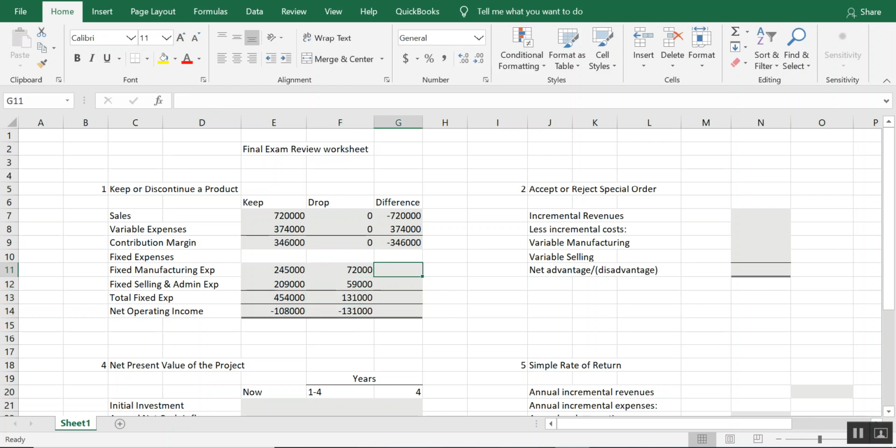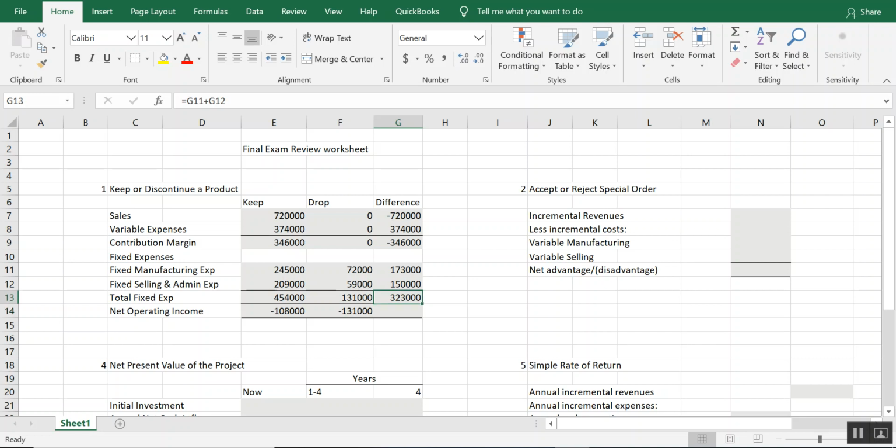Now, dropping these expenses is a positive, so we can say we're actually going to save 173,000 here, and we're going to save 150,000 here. However, we still have a loss.